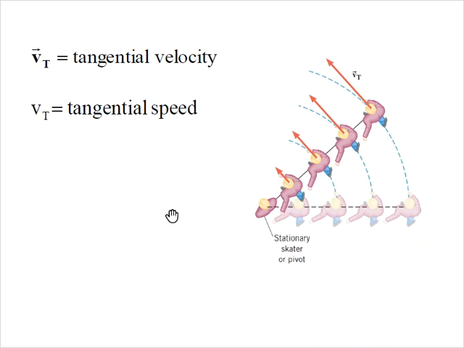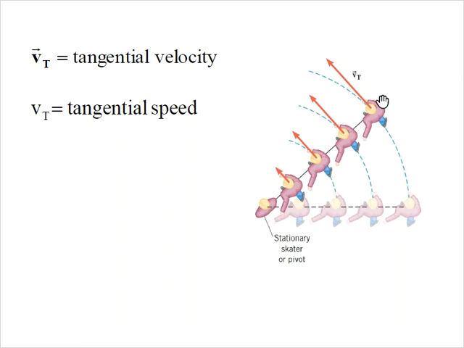Let's say we have 5 skaters in a row. Since they're all on the same reference line, they're all going to have the same angular position and the same angular speed. But we know that the motion of the outermost skater is going to be very different than the innermost skater.